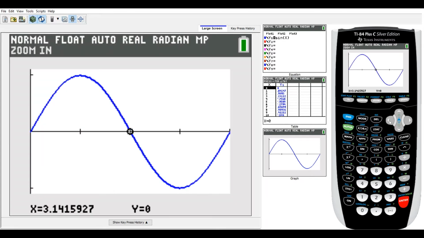We can all choose a different spot here. I'm going to move up and try to pick a spot a little bit closer to the top, about right here. I'm going to hit enter and zoom in.